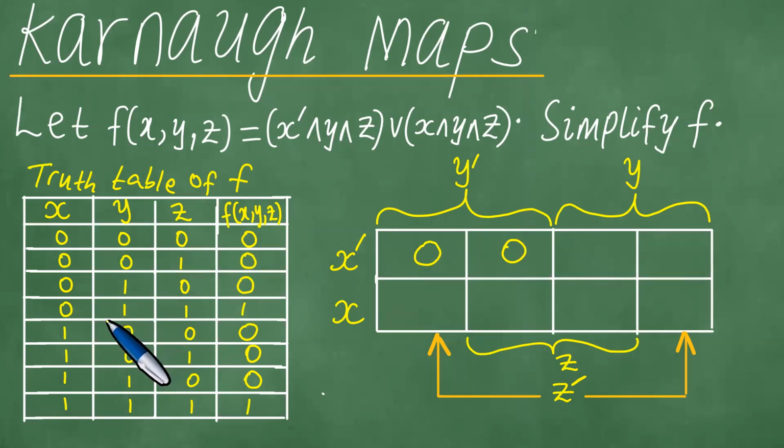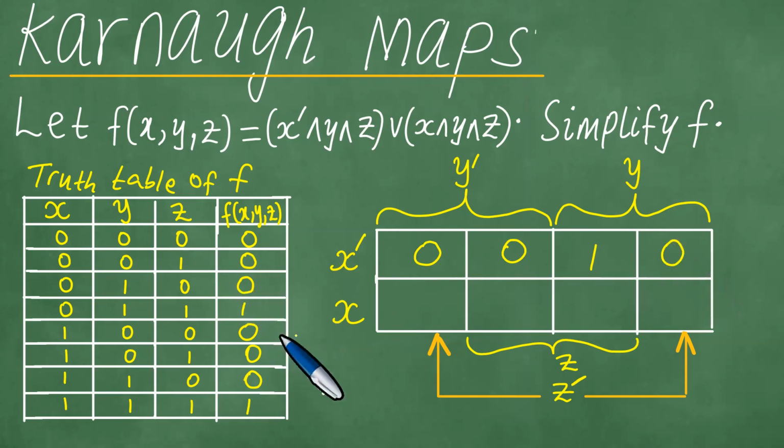Next, this one here is 0, 1, 1. That's not X, Y, and Z. So it's 0, 1, 1, which is a 1. So you put a 1 here. Next, we have not X, Y, and not Z. So it's 0, 1, 0, which is a 0.